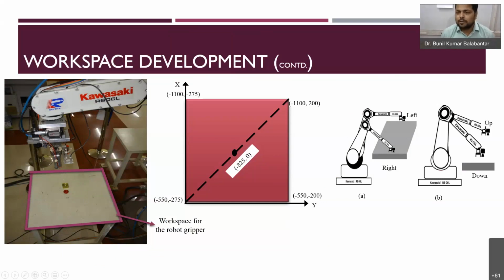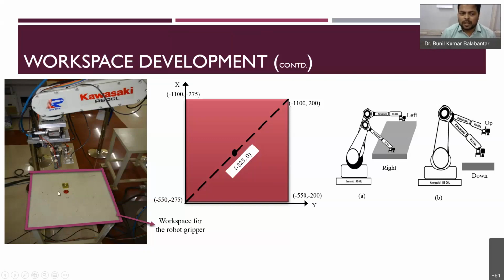Otherwise, as all of you know, the robot can reach only to some extent, right? It has specific, fixed properties: horizontally, how much distance it can travel, and vertically, how much it can move. It can go beyond that, but if you fix it and do the program, it can work within this range. So this is much important.